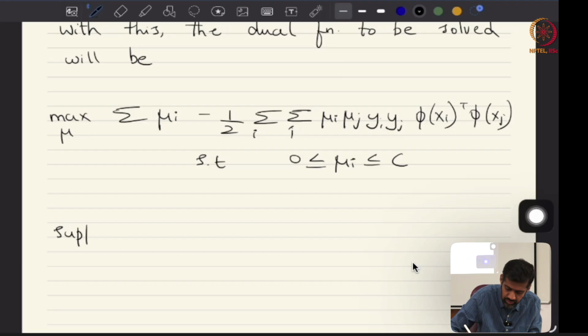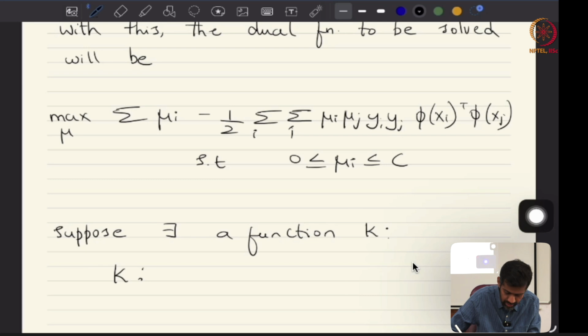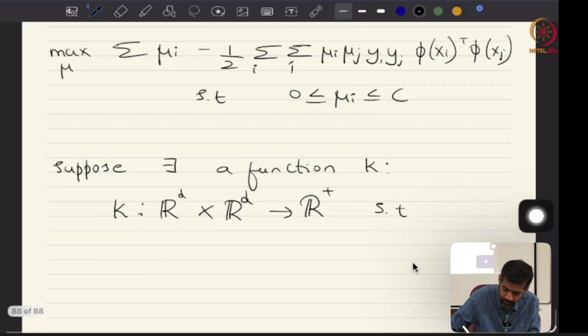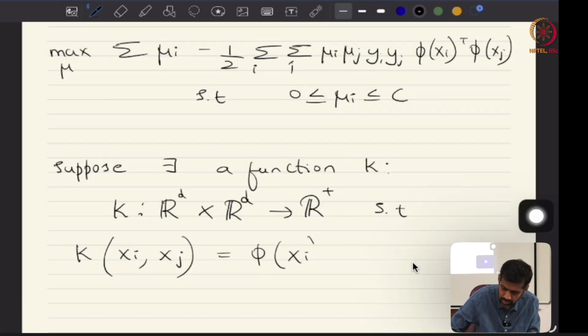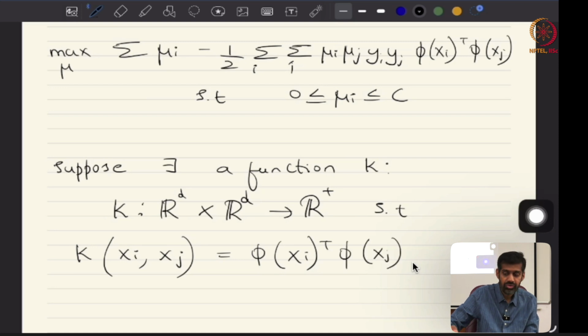Suppose there exists a function k, this function k operates on the cross product of Rd and Rd and maps it to real numbers, in fact positive real numbers, such that k of xi, xj equals phi of xi transpose phi of xj for all i, j.